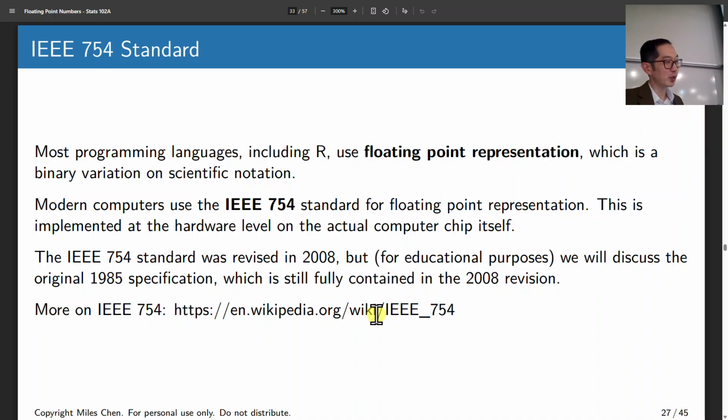This became standardized for the entire computer industry. Prior to the standard, different computer manufacturers had different systems for storing decimal fractional values on the computer.